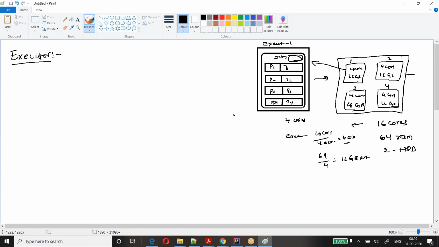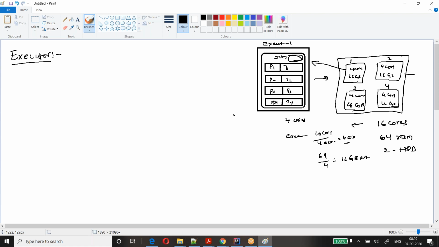Yeah, Ravi. So what it is doing, some amount of memory has been allocated, some cores have been allocated, and that amount of memory it will again divide into some categories. I'll discuss that in detail. Even when you have 16 cores, we will not use all the cores for your executors. We will leave some cores for the physical machine also. We'll talk about that in detail later. At this point, to make you understand what an executor is: it is a JVM virtual process where we have allocated some resources.